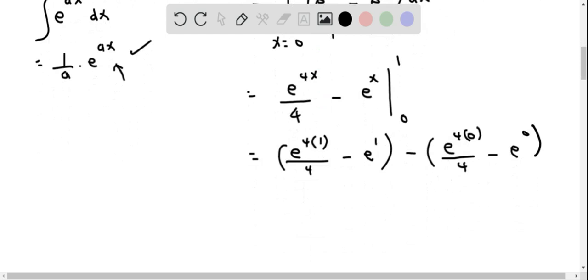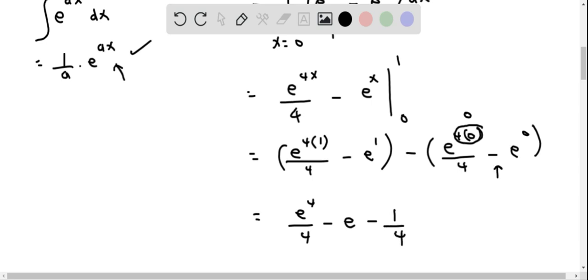Let's calculate this. This gives e^4 over 4 minus e^1, which is e. We then have e^0, which is 1, so it becomes negative 1/4.